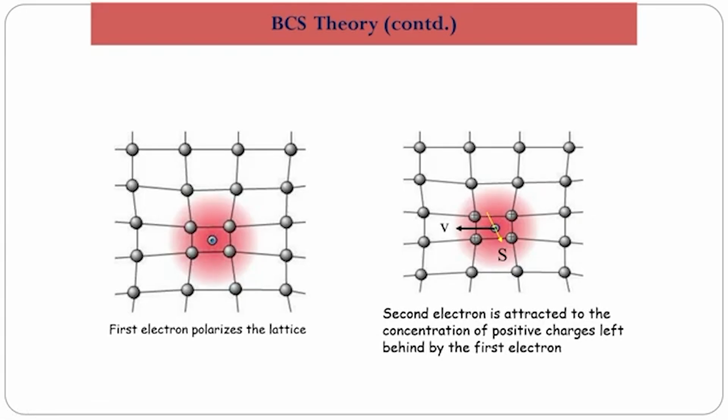This is the schematic representation of what I said: the first electron polarizes the lattice. The reddish region that you see is like a positive charge. Another electron is attracted towards this concentration of positive charge left behind by the first electron. You could ask why the first electron doesn't see the cloud due to the second electron.